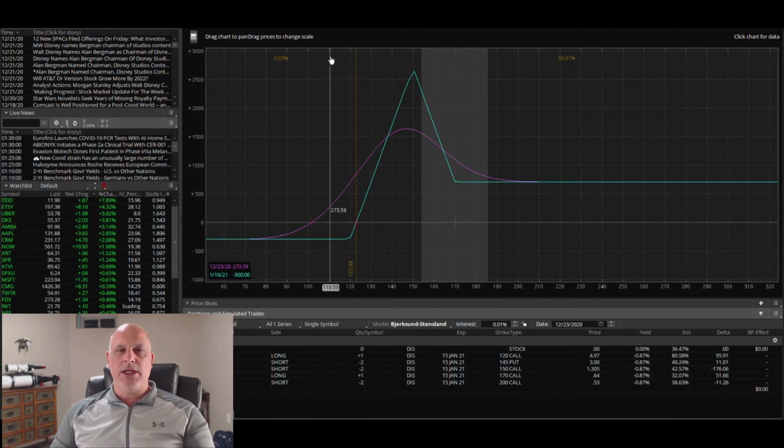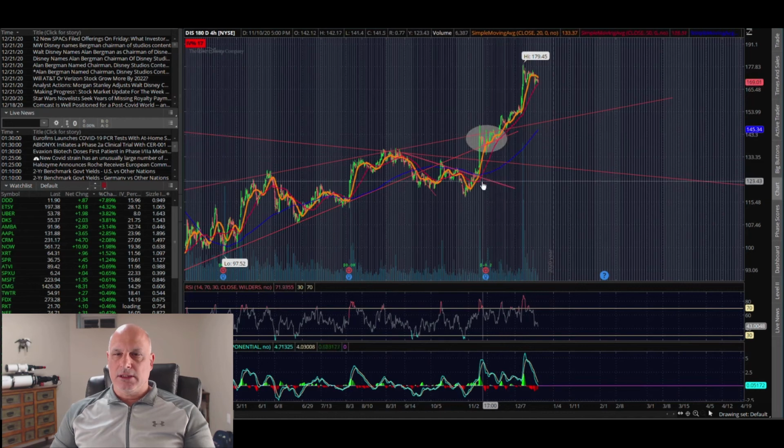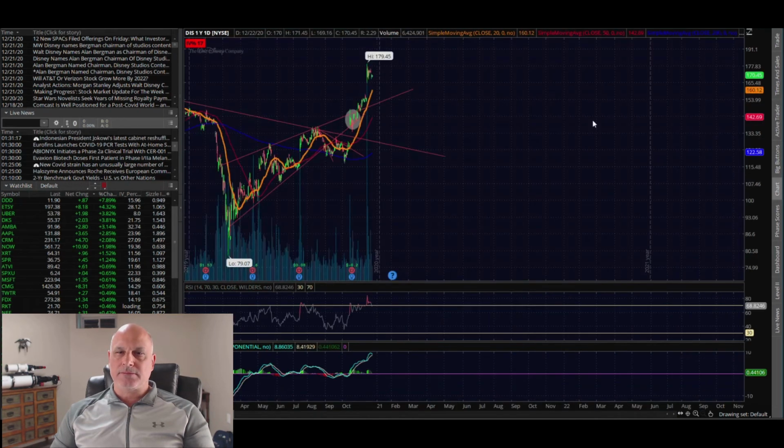The stock was trading down in the 117 area. Let me see where it is. Disney was trading down to 92.